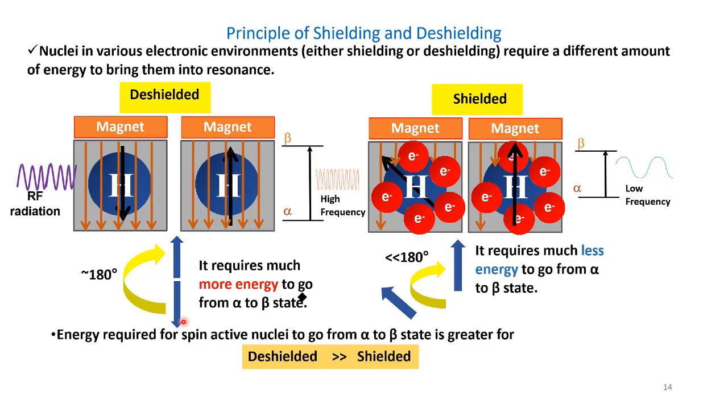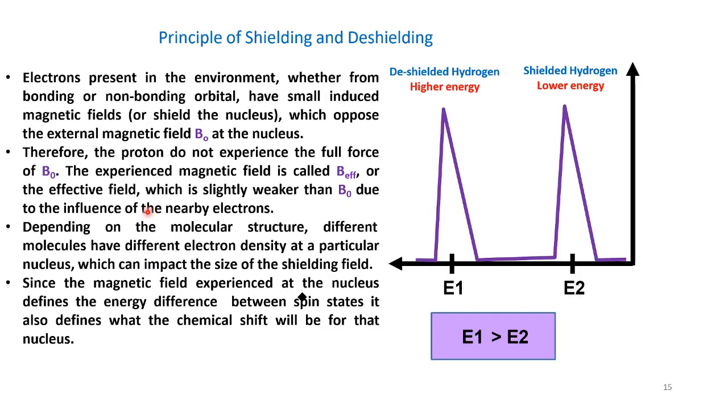So the energy required for spin active nuclei to go from alpha to beta is greater for deshielded and lesser for shielded, as we know, because it does not need to spin the whole 180 degrees. However, in the deshielded case we need to spin it a total of 180 degrees or almost 180, so we require more energy, as I already explained.